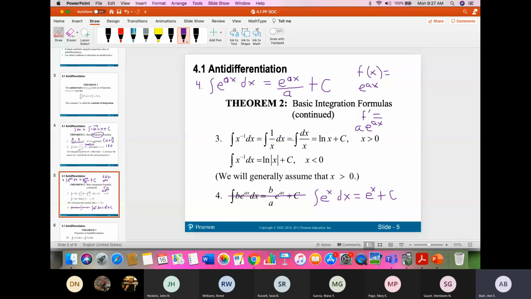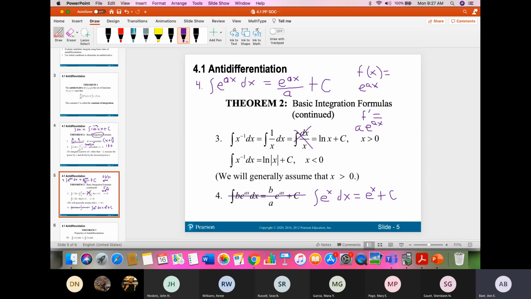And then this is equal to the integral of 1 times dx, which is dx over x. Now, I probably wouldn't use it in that form. We don't generally use it in that form, but you might see it written like that.